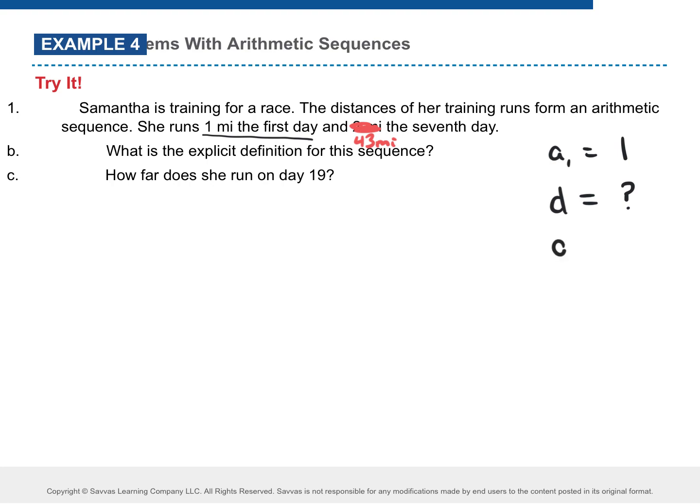Okay, so I can write that as a sub 7. How many miles did she run on the 7th day? 43. Okay, now they said write the explicit definition. So here's our explicit definition, and I want you to write this down. Can we somehow use this to help us find the difference?